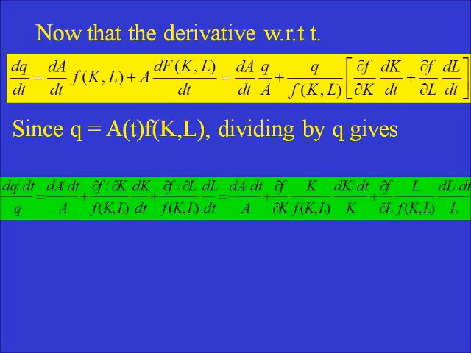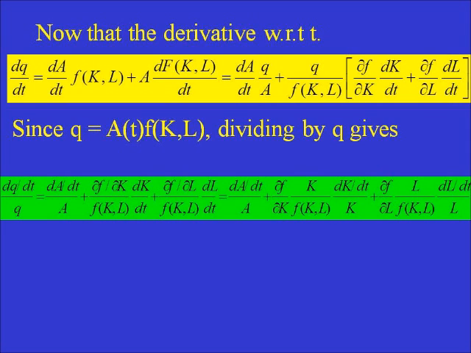Notice in this case, the A's will cancel, plus the partial of F with respect to L divided by F, times dL/dt. Now, with a little bit more manipulation, I multiply the second element by 1, K over K, and the third element by 1, L over L, and I get the following.